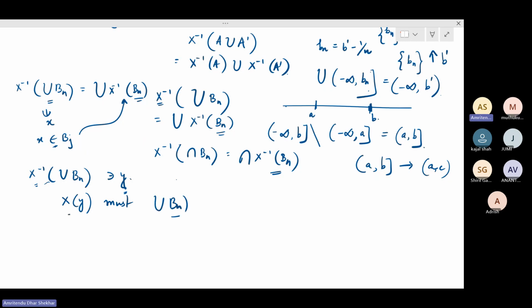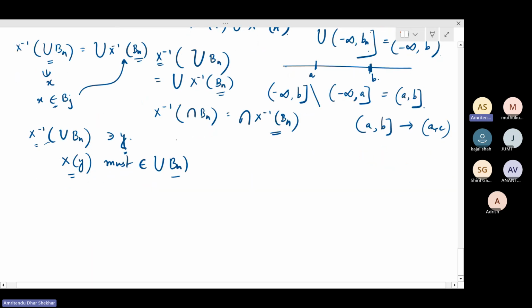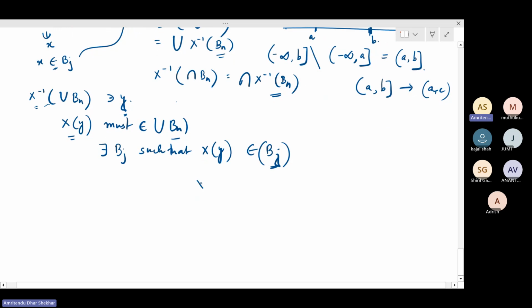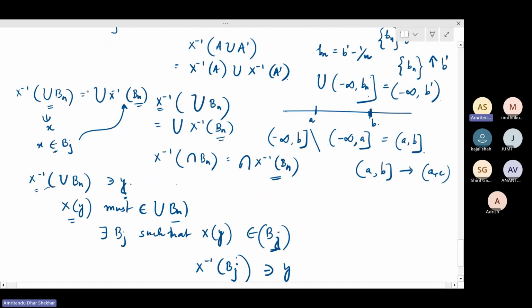If X of y belongs to union of Bn's, it must belong to one of the Bn's, right? So there exists some Bj such that X of y is contained in Bj, right? So now if you invert this back, if you do X inverse of Bj, surely this y is contained in X inverse of Bj. So this side is proved.